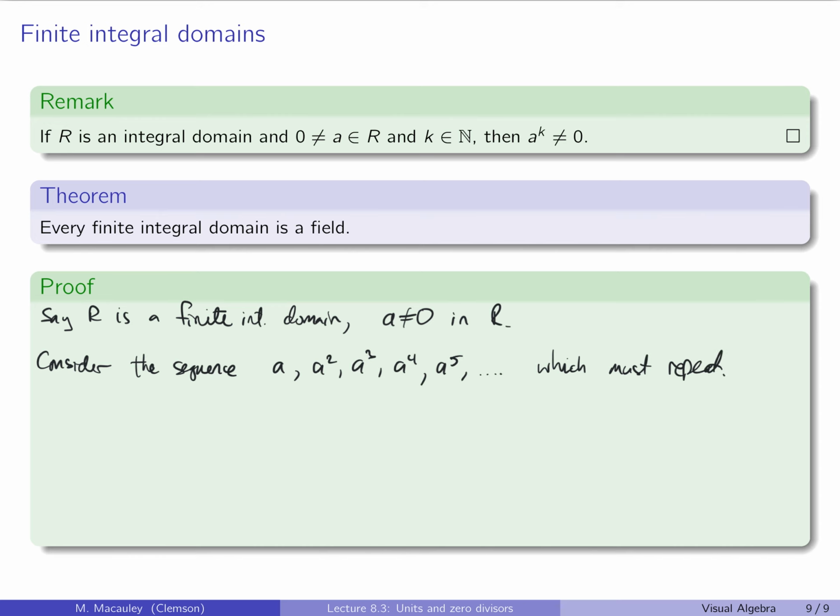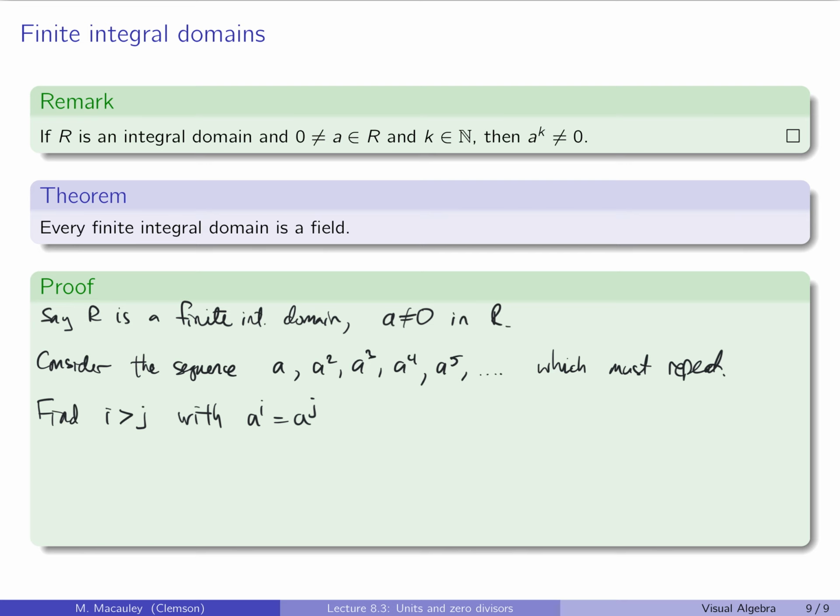So all we have to do now is find two powers of a that are the same. So find some i bigger than j, with a to the i equaling a to the j, which is possible because this is a finite ring.